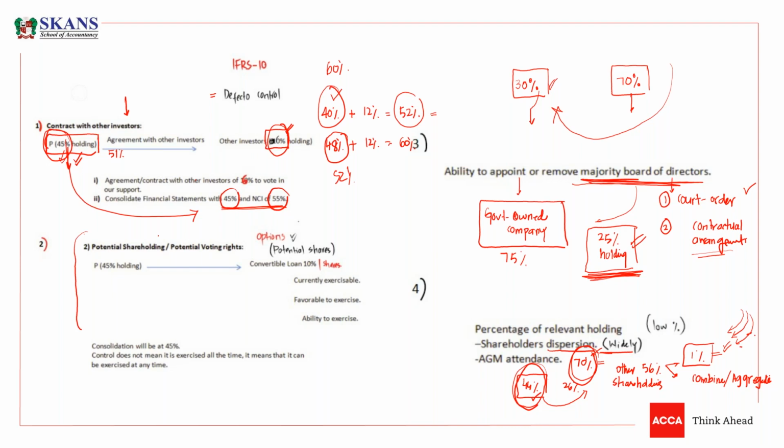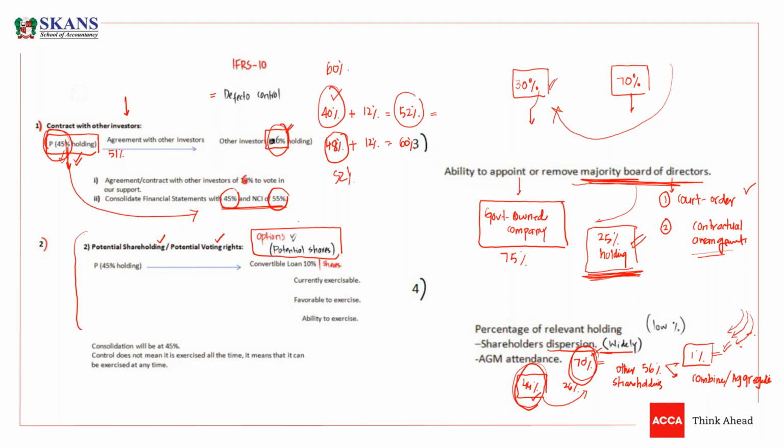Potential voting rights means, guys, potential shareholding means you have options, warrants in that company, you have convertible loan in that company. So options, convertible loans. At this point of time, options and convertible loans are not shares.